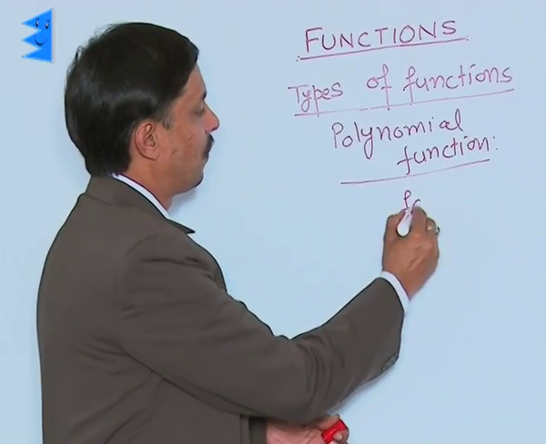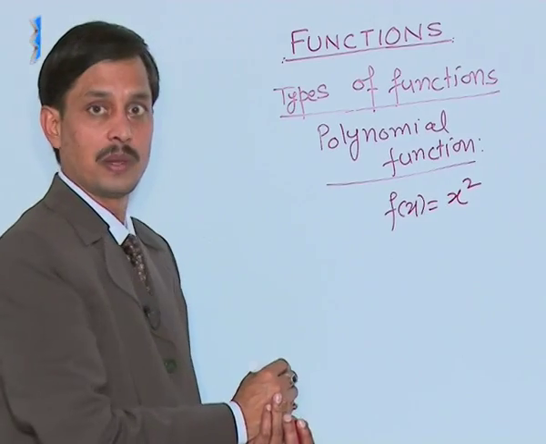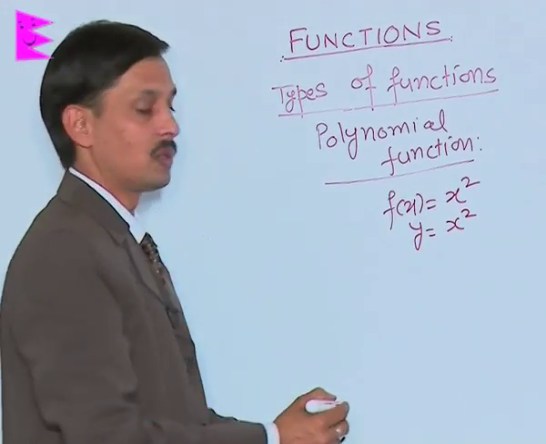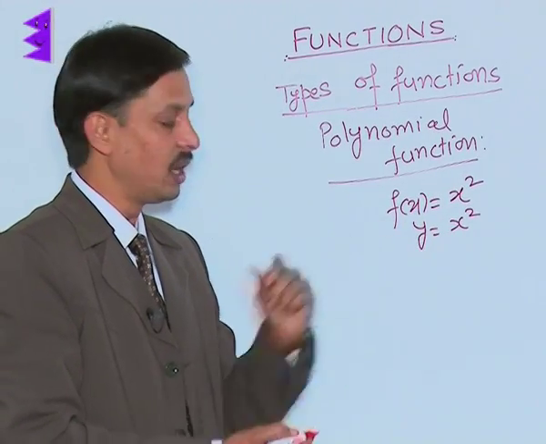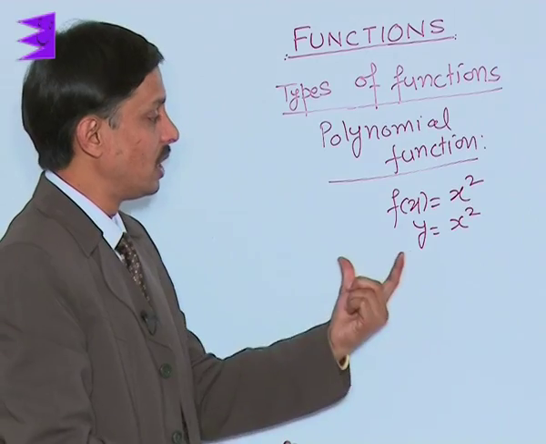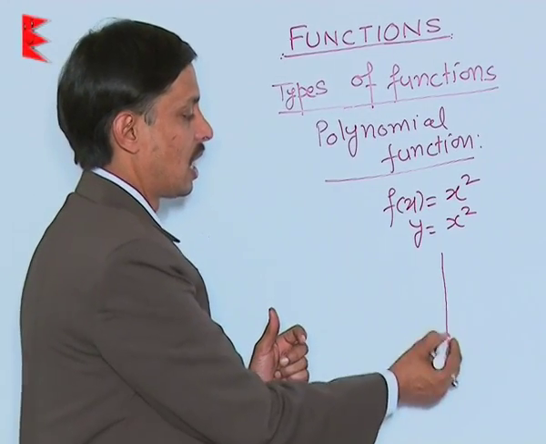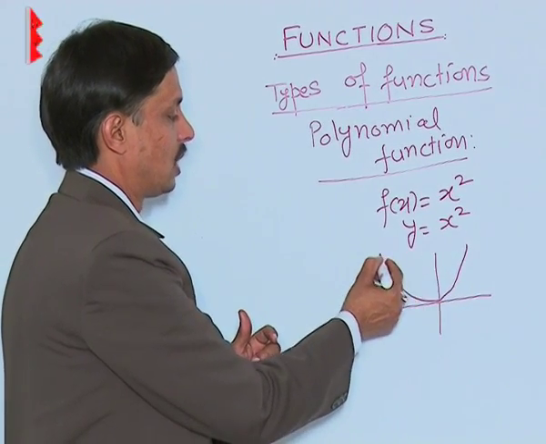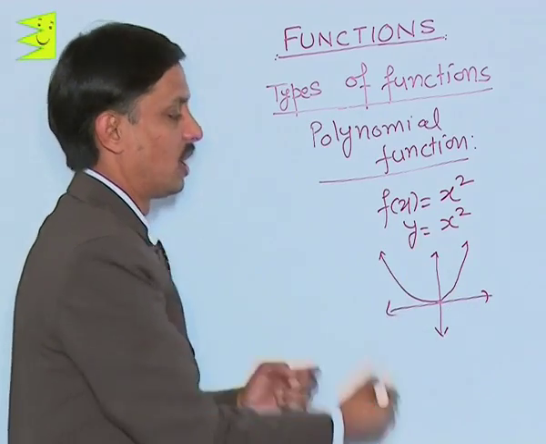The easiest example: f(x) is equal to, suppose, x square. f(x) we call y, so y is equal to x square. x square is a polynomial, it is a monomial, its degree is 2. So y is equal to x square means the graph of this will come like this. The shape is known as an upward parabola whose axis is vertical.